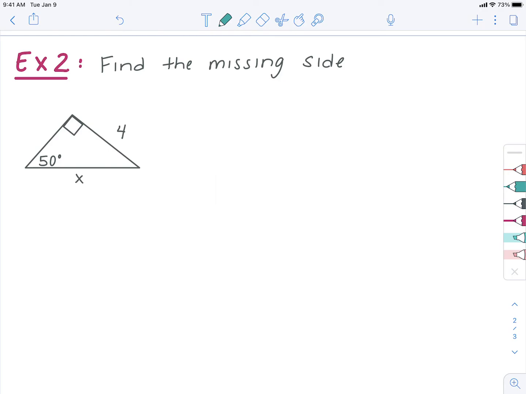So if I'm looking at this next triangle, I have my opposite side and my hypotenuse, which SOHCAHTOA tells me opposite and hypotenuse is my sine of the angle, my opposite over my hypotenuse.